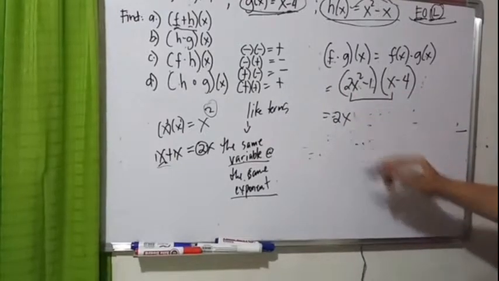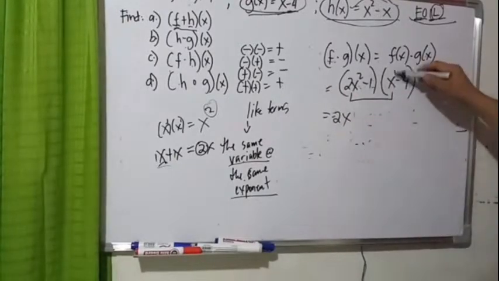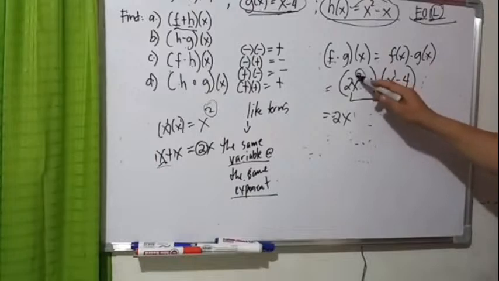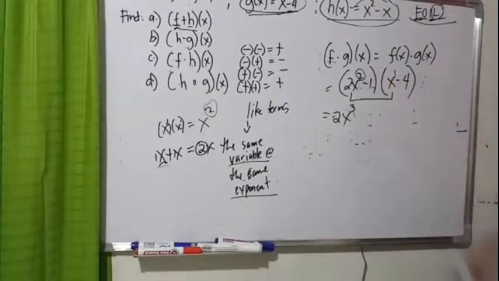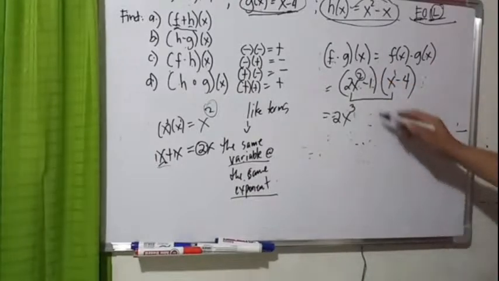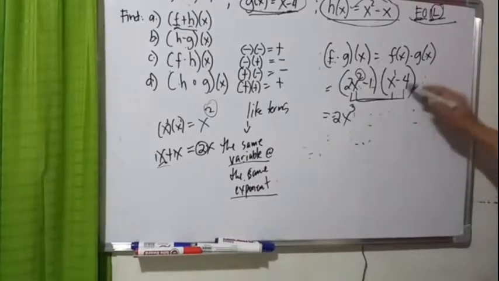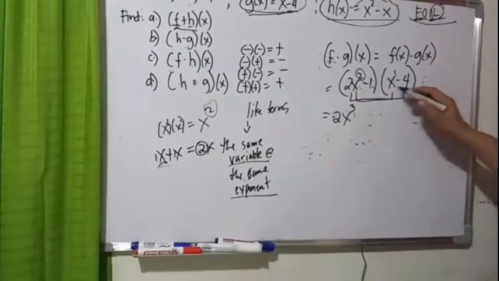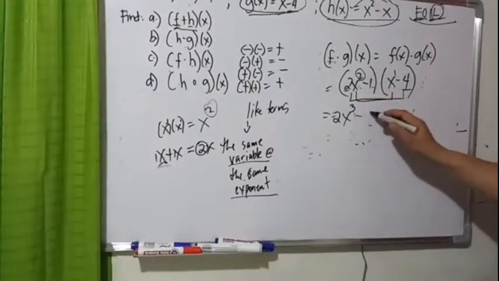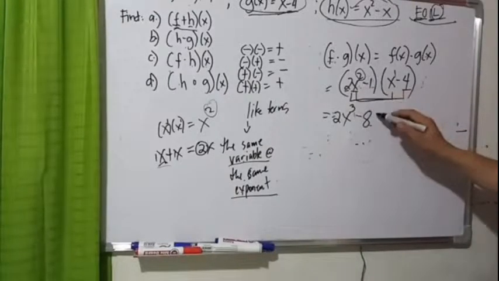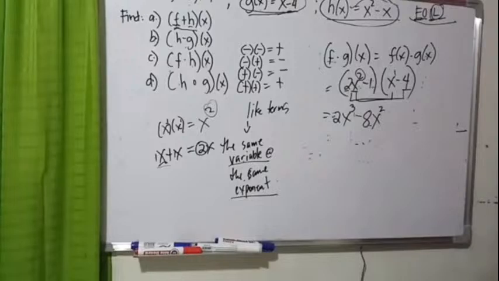Copy the variable, then it is understood there is a 1 here, so add the exponent, so that is 2x cubed. Then 2x squared times negative 4. So negative 4 times 2 is negative 8. Then copy the variable and exponent, that is negative 8x squared.